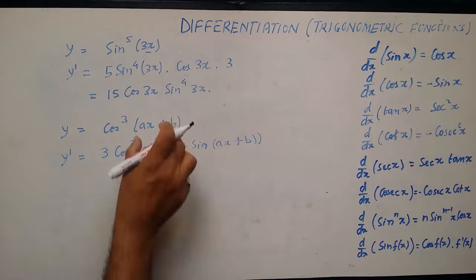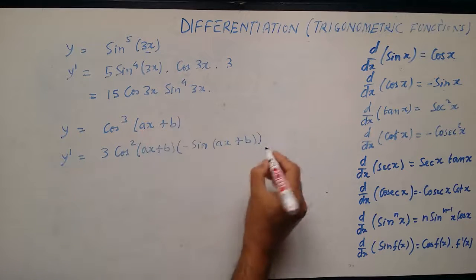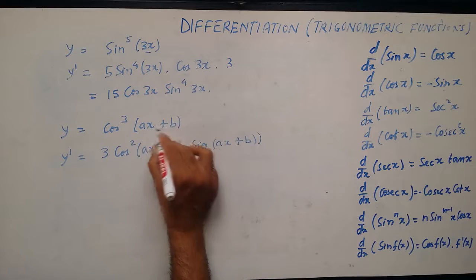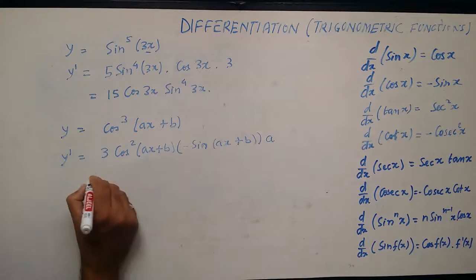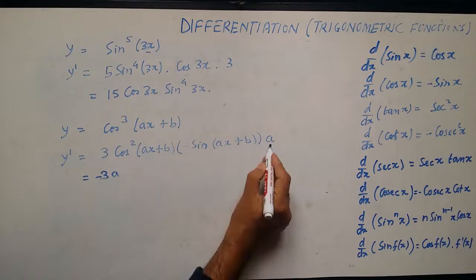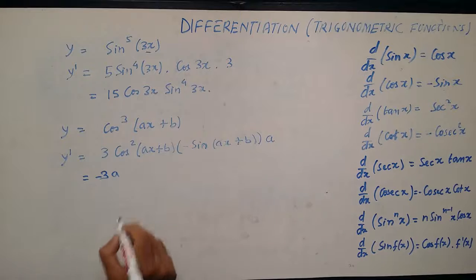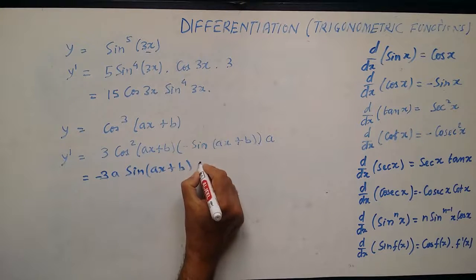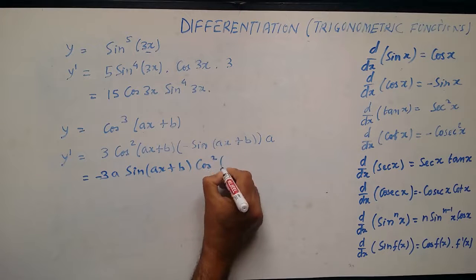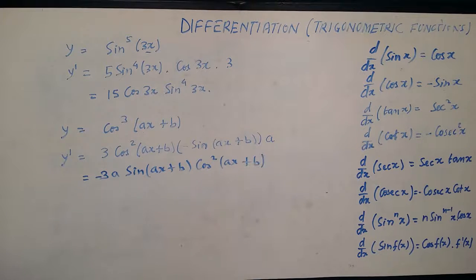And the third differentiation is that function itself, ax plus b. If you differentiate ax plus b, it will be a plus 0, so it is a. So finally we get minus 3a, and we gather the single terms and write sine of ax plus b multiplied by cosine square of ax plus b. Okay. So this is how you solve problems on trigonometric functions differentiation.